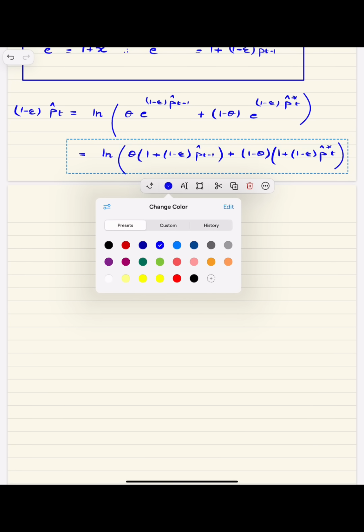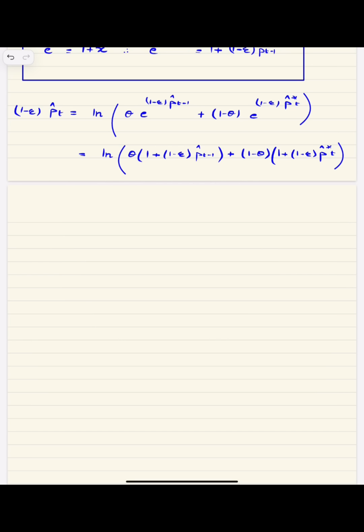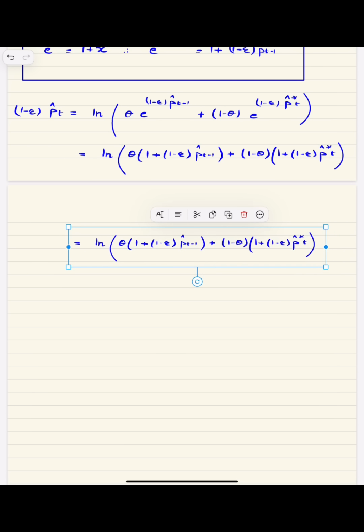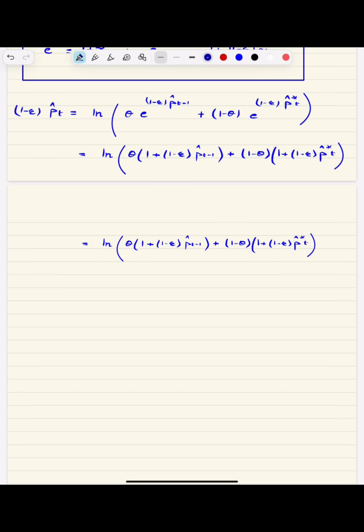Let me copy paste it down. This is what we have so far. On the left hand side, I have 1 minus epsilon p-hat_t. Let's open the brackets up.